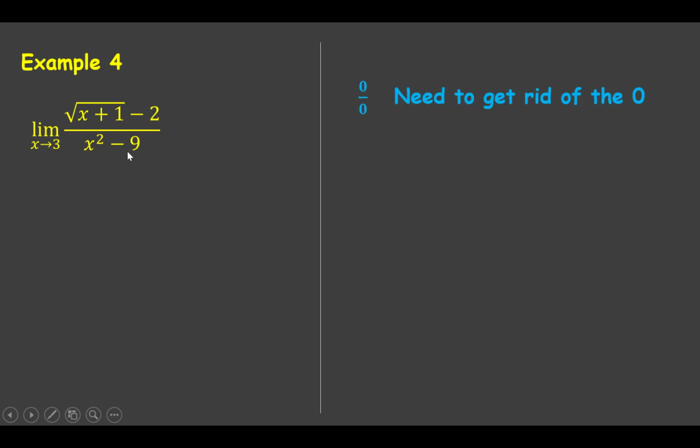You can try to factorize. With x squared minus 9, you can certainly factorize with the a squared minus b squared formula that we just learned. But on the top, we have a square root, and we don't have a formula that we can apply to that. Now here is a technique that you should know when you deal with a square root in a fraction. Namely, you multiply by the conjugate.